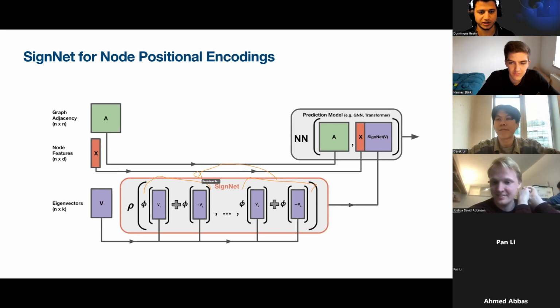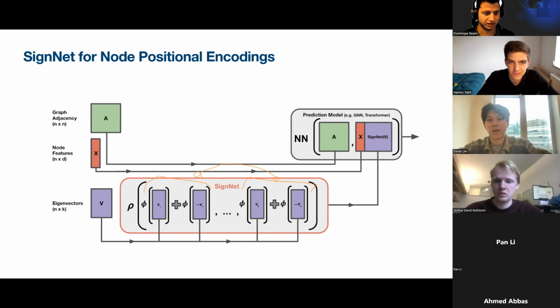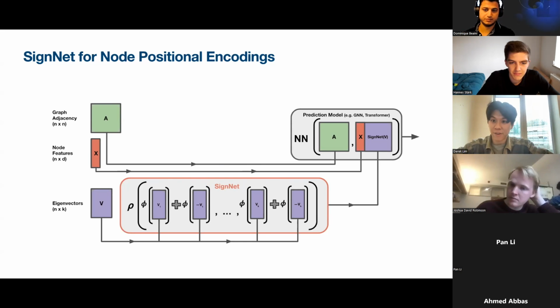There's no way for the network to know which one is the low frequency and which one is the high frequency, unless you also add the lambda 1 here, for example, or during the deep set part. Yeah, exactly. So for the most part, we find that we don't need to add the eigenvalues in for our experiments.